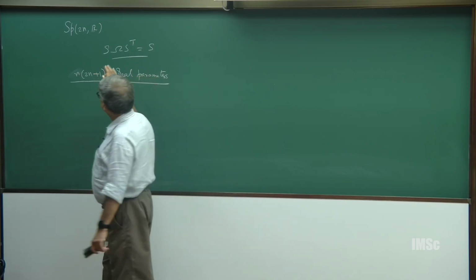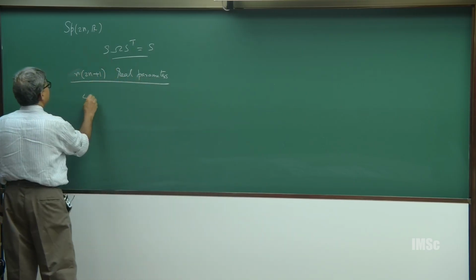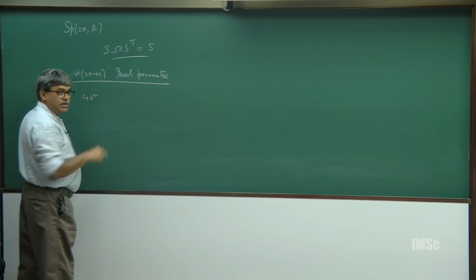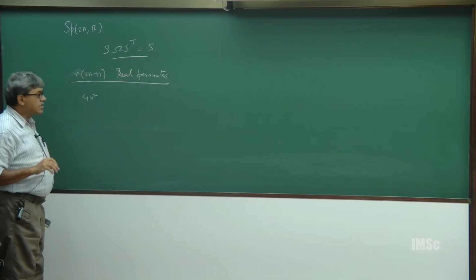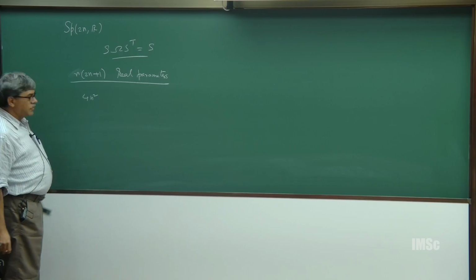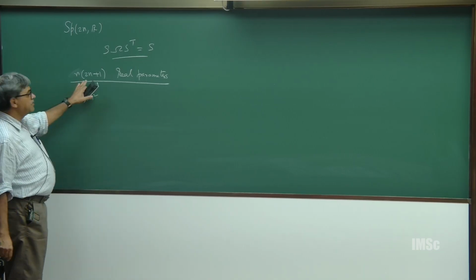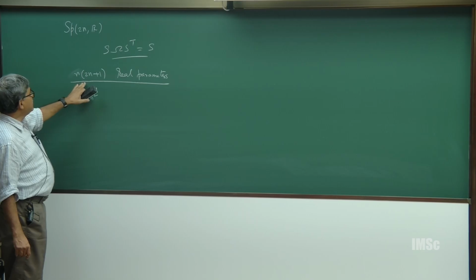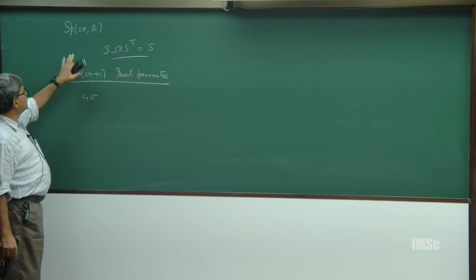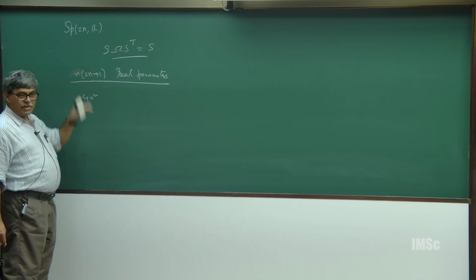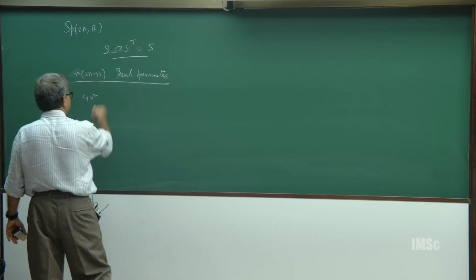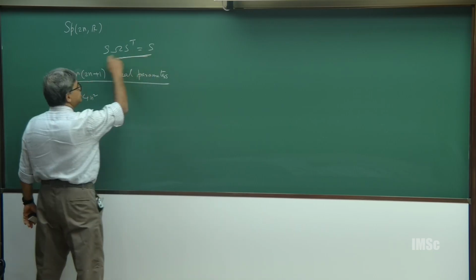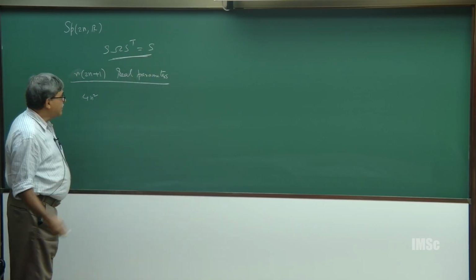Remember, each group element has 4n square elements, but because it satisfies this condition, you can figure out the number of independent parameters required to specify any element of this group. You can just look at the number of conditions here and figure out that this is the number.